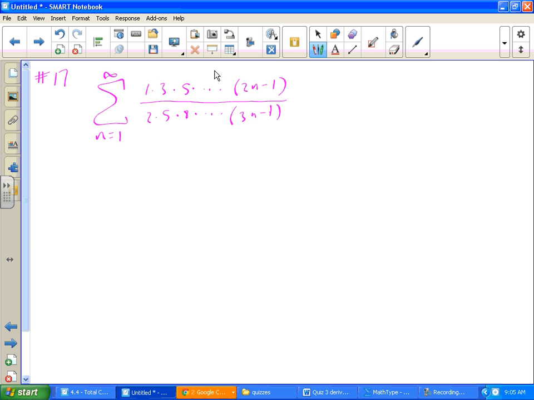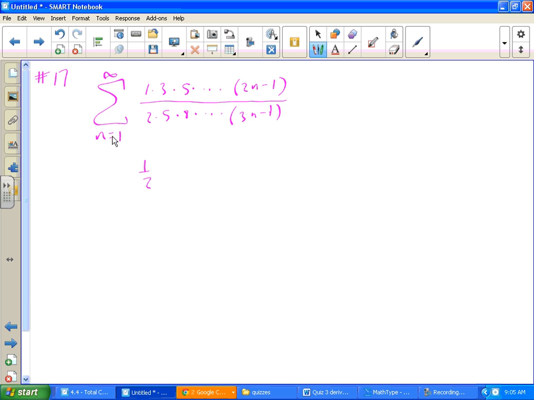All right, for this one here, if I plug 1 in, I would just get what in the numerator? If I plug it into here? 1, right? So that's this first piece. And then the denominator, I get 2. So that's this first piece. So if I'm at n equals 1, that's just 1/2, right?